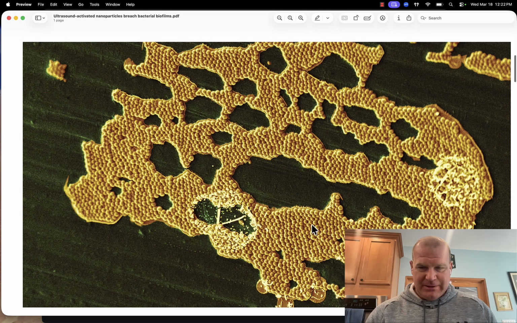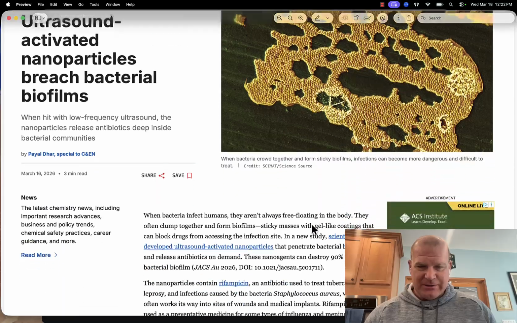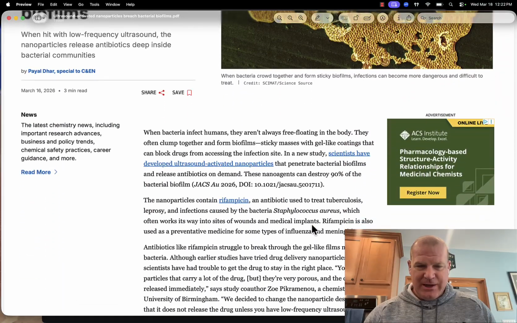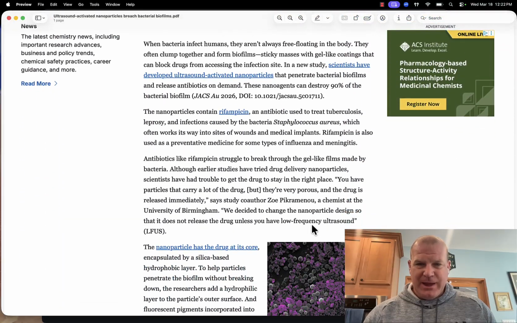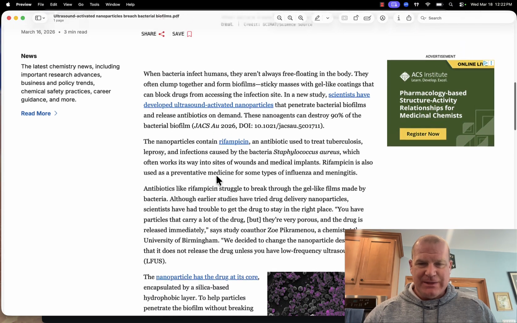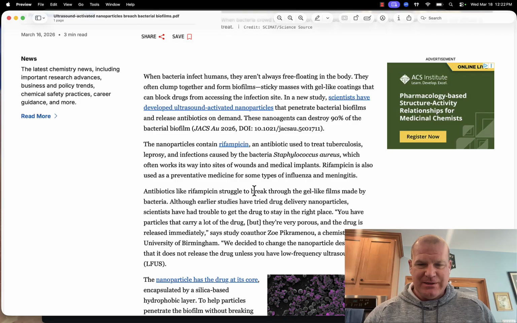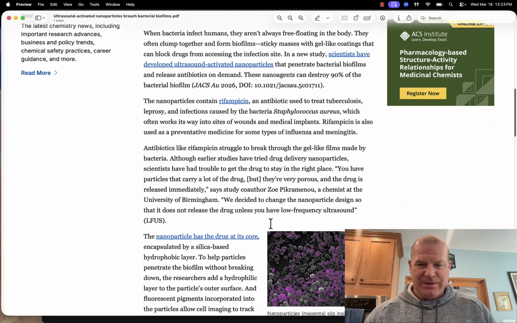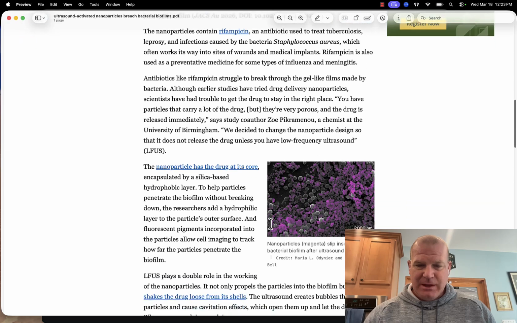What this developing technology looks to do is to take a nanoparticle, nano being 10 to the minus 9 meters, something that's around 10 to the minus 9 meters in size, and then put those in the biofilm.